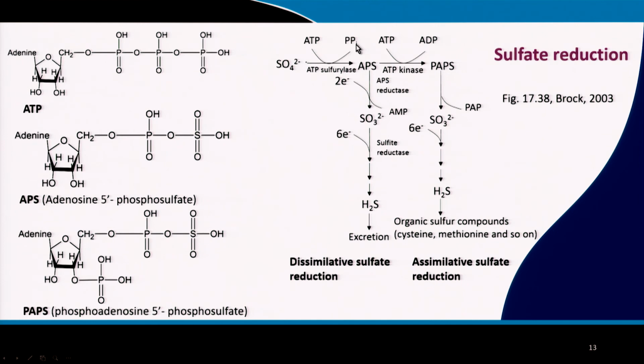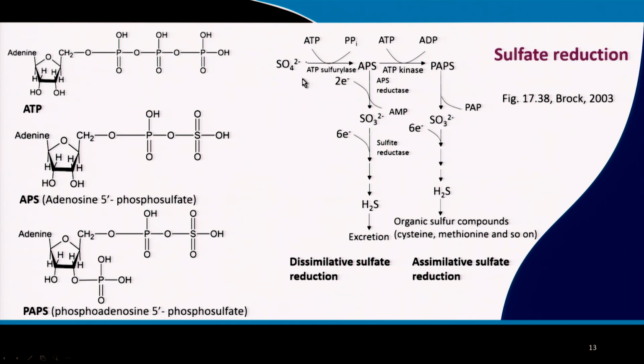The two phosphates are released, APS is formed, 2 electrons are transferred to form sulfite, and AMP, adenosine monophosphate, is released. Sulfite picks up 6 electrons and is converted through a series of reactions mediated by sulfite reductase to form H2S or hydrogen sulfide.